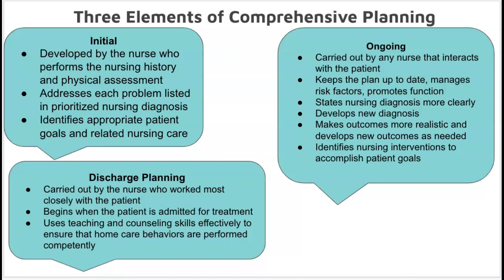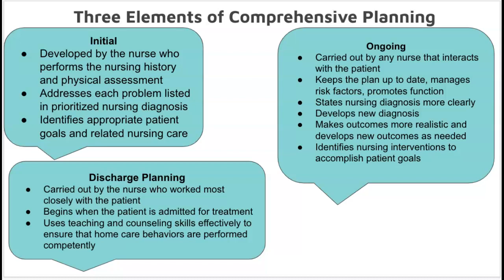An example of the initial would be if the nurse is receiving a brand new patient onto their unit that they've never taken care of, but they would start all this process. So, it starts with assessment, then moves on to diagnosis, and then the planning and outcome stage. And so they are the initial nurse to start that plan of care.